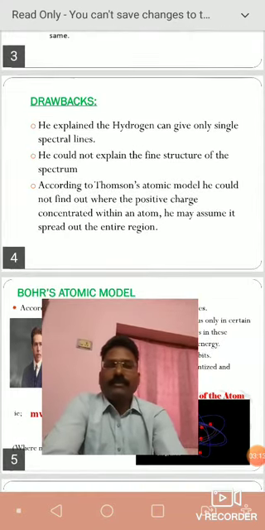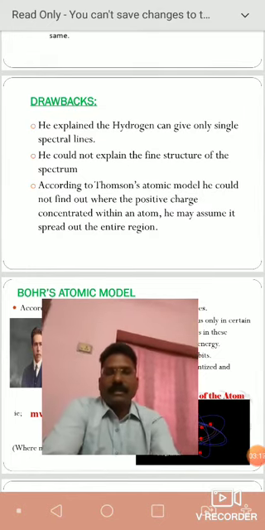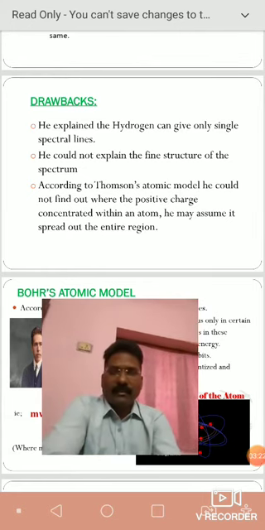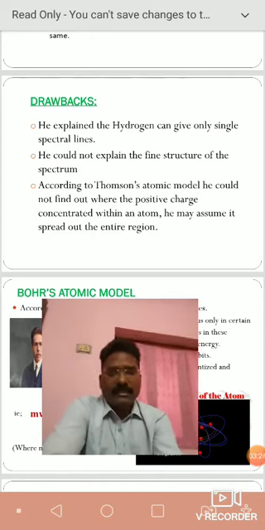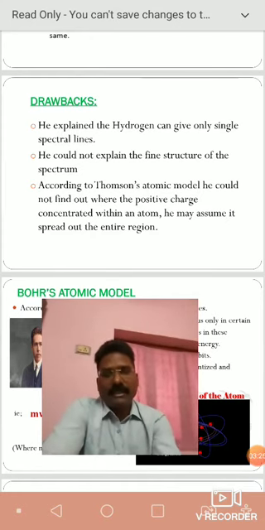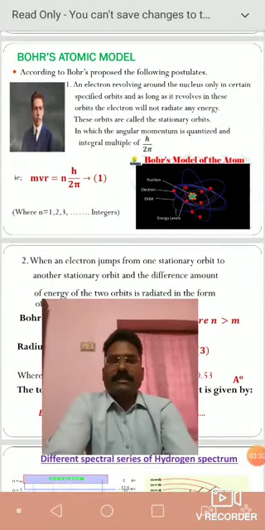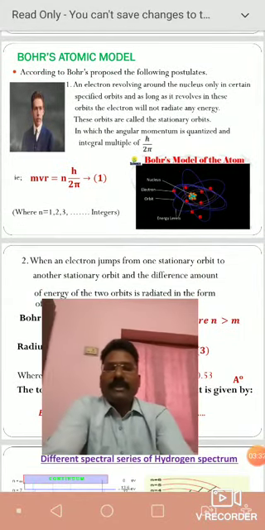He may assume it spread out over the entire region of the atom, like a watermelon, the seeds like electrons, the flesh like positive charge. Next slide, Bohr's atomic model.